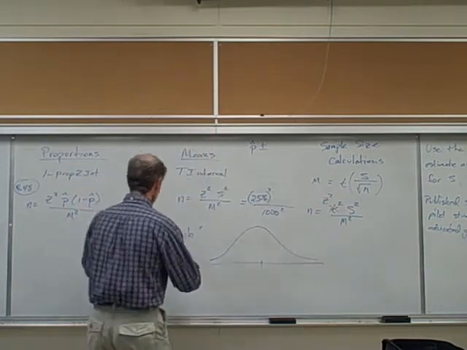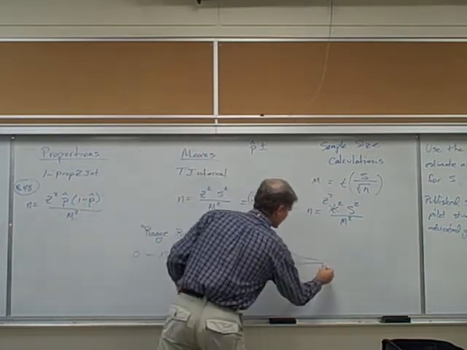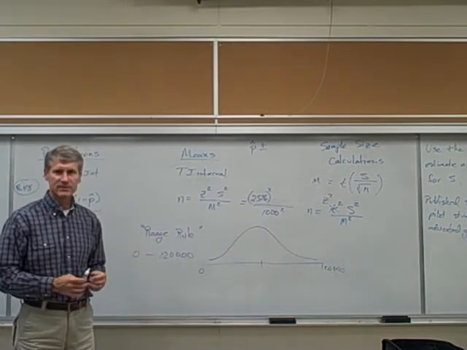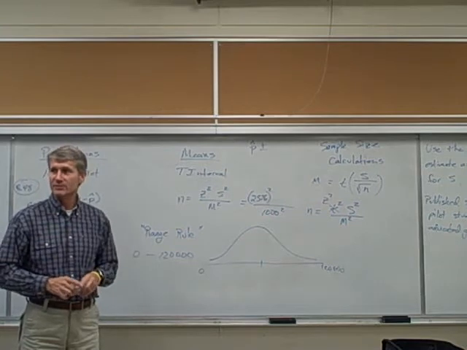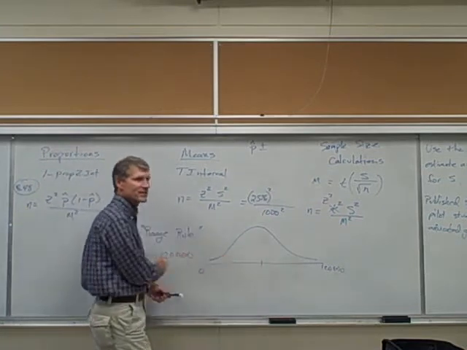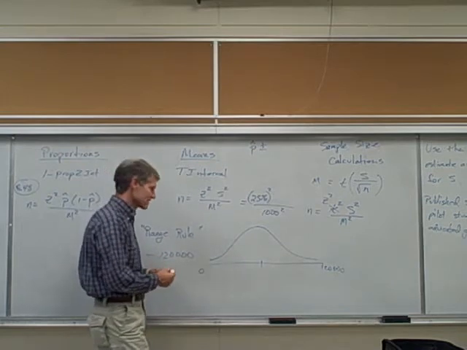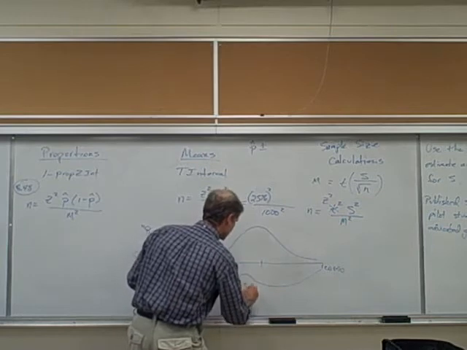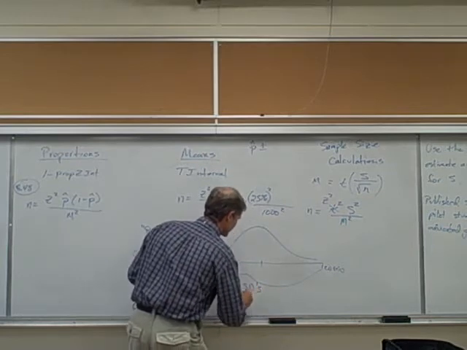So what they're saying is 0 and 120,000 are 3 standard deviations from the mean. All or nearly all of the incomes are between them. So that spans a distance of how many standard deviations? 6. So this distance all the way to there is 6 standard deviations.